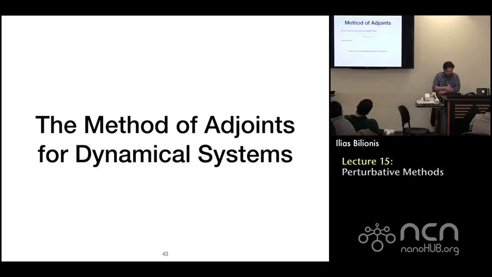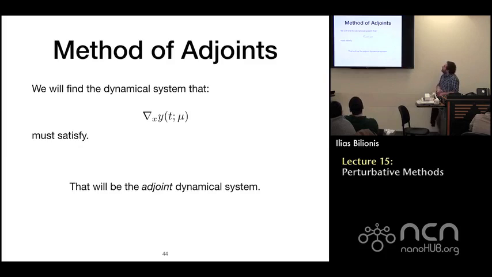So here's how the method of adjoints works. First, the problem: you have a dynamical system and you want to find the derivative of the response of the dynamical system with respect to x. By the way, this is the only way I know that you can propagate uncertainties through the Navier-Stokes transport equations.